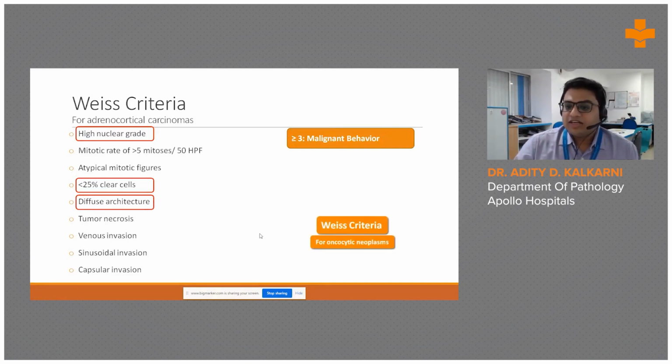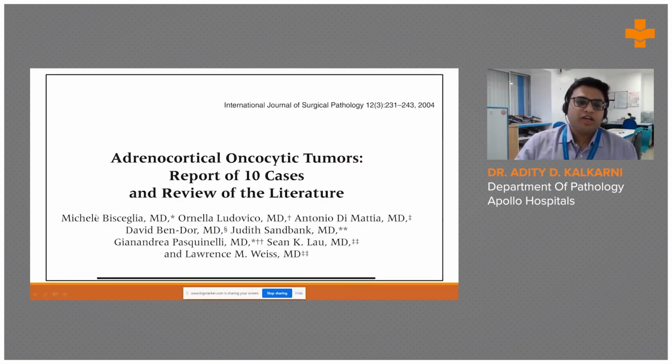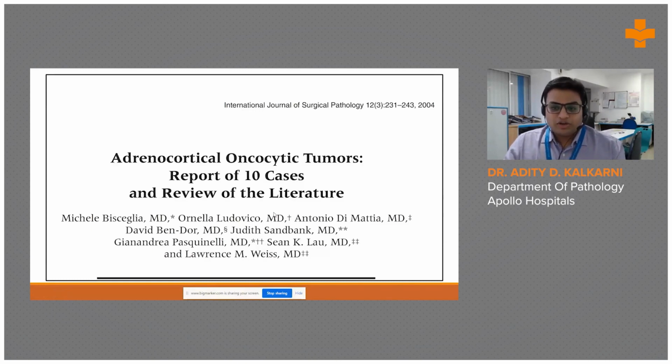So Weiss criteria for oncocytic neoplasms are not appropriate, and therefore in 2004 this group led by Dr. Bisceglia and including Dr. Weiss as well, reviewed the adrenocortical oncocytic tumors and came up with a set of revised criteria, which are to be applied only for oncocytic tumors.